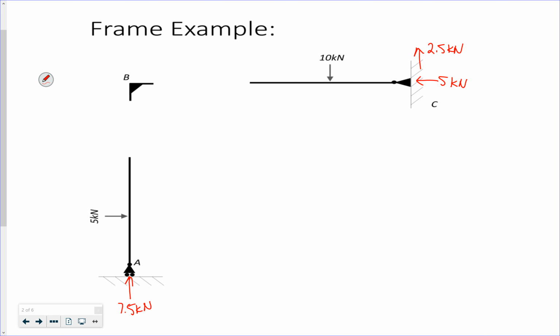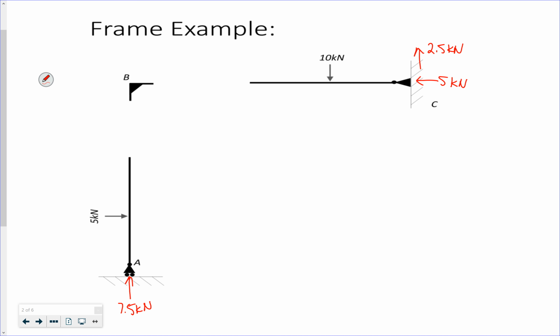One thing that's good to look at is to make sure that the entire beam is in equilibrium. The entire column is in equilibrium.